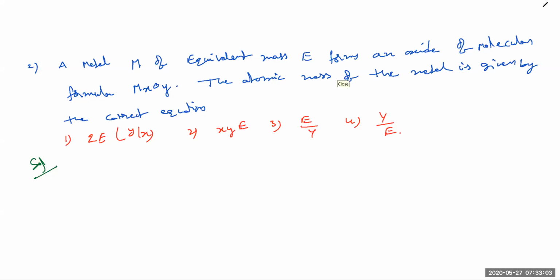Okay, right. The first option is the right answer. Okay, fine. So now, what is the solution? Write down, other students.